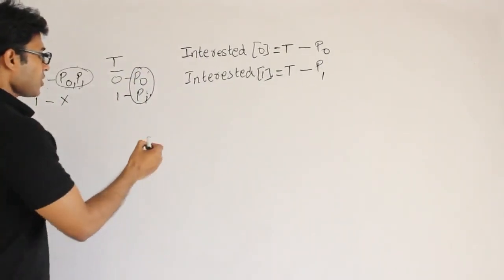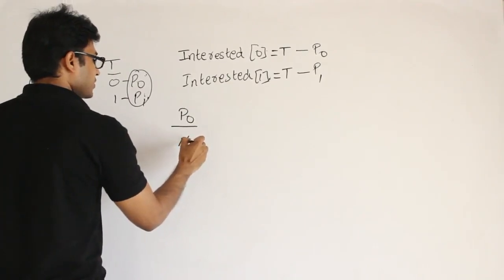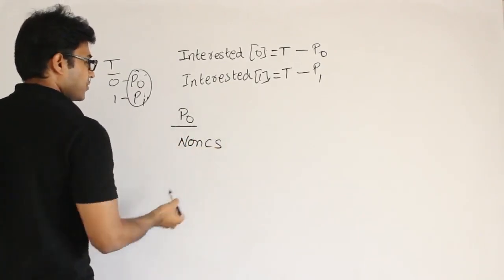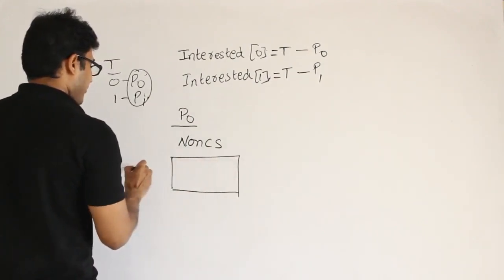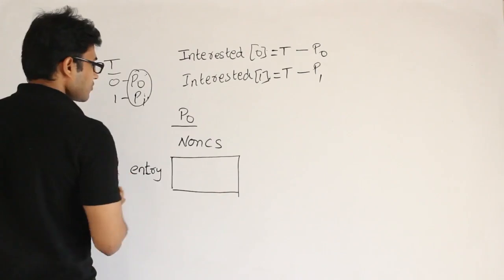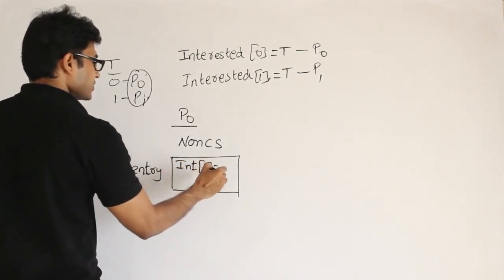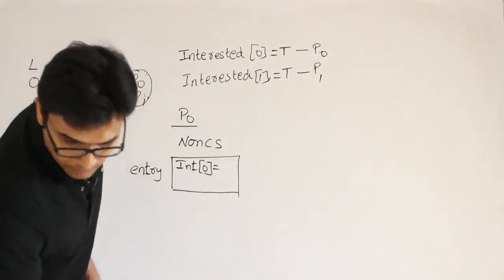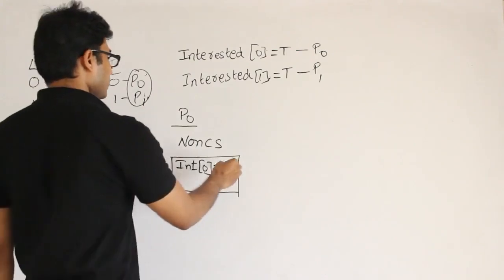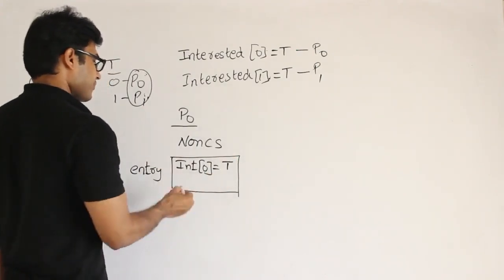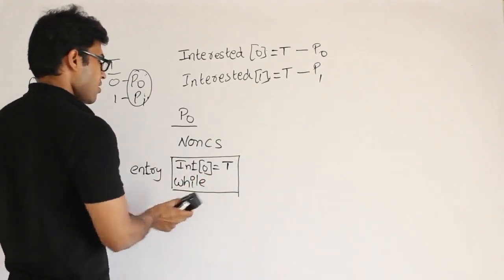Okay. Now P0, as long as it is in the non-critical section, fine. And if it wants to enter the critical section, I am talking about the entry section here, it should say interested of 0 equal to true, which means I am interested in entering it, and then it should even check the other one, right?